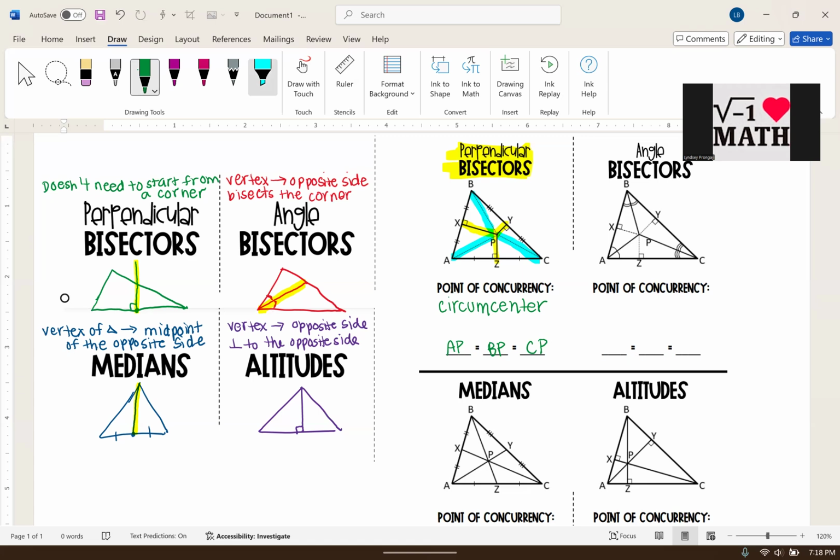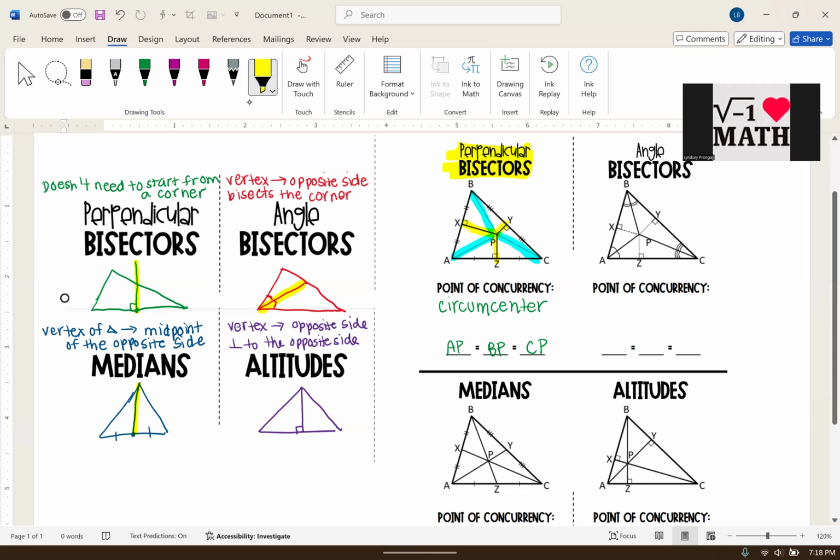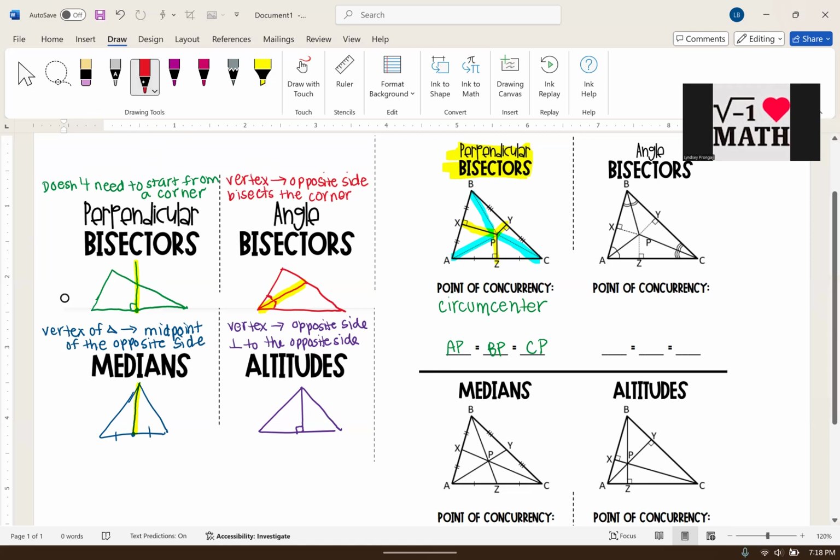The next one is our angle bisectors. With red, let me switch colors. So here are angle bisectors. Once again, I'm going to highlight those in yellow, or do whatever color you need to do. So BP is an angle bisector. AP is an angle bisector.